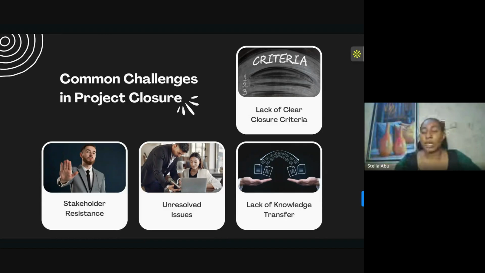So when I'm handing over, because there was no clear criteria of things I need to do, I'm a bit confused. I handed over to say, this is what I worked on. Is this okay? There are always closure issues because there's no clear definition of the things you should do.